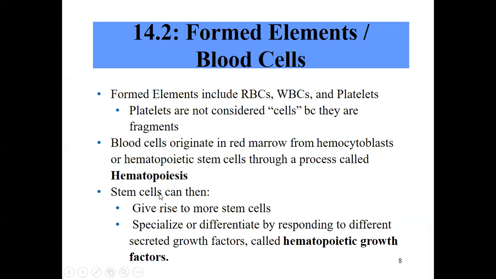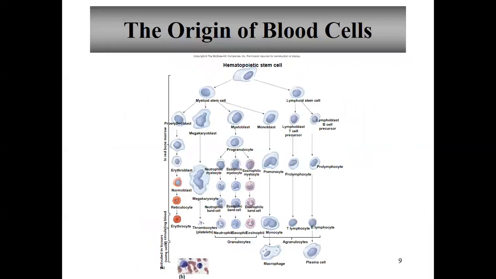Stem cells can then give rise to more stem cells, so you can have more of these cells that can become anything once stem cells divide into more stem cells, or those stem cells can start to differentiate into different cells that have different jobs within the blood cell family, depending on which hormones or growth factors are presented to them at that time.